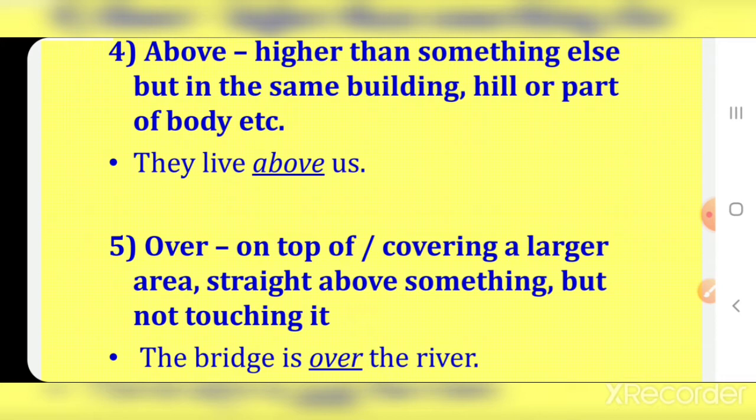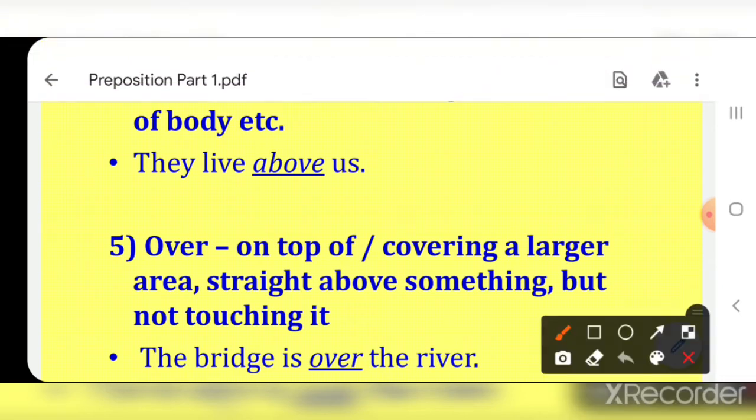The best example is, the bridge is over the river. Between the bridge and the river, there is a gap, but still the bridge is over the river. We can't use it as on the river. So the bridge is over the river.